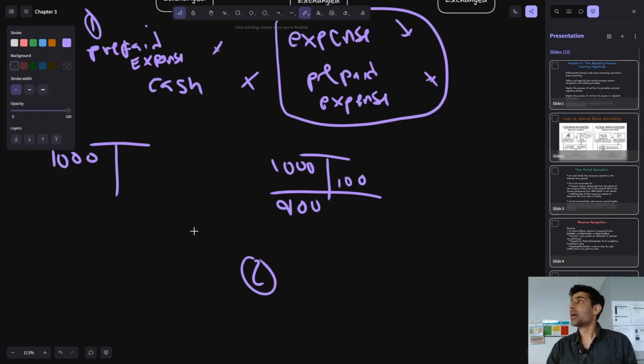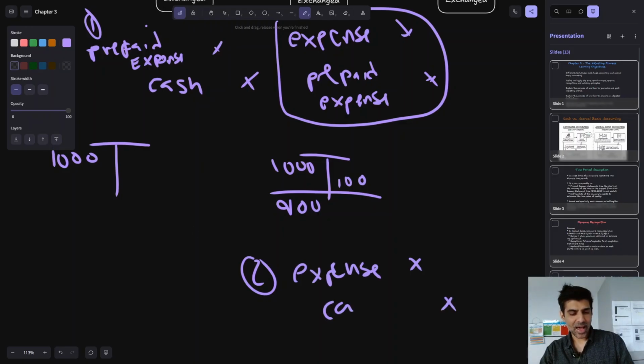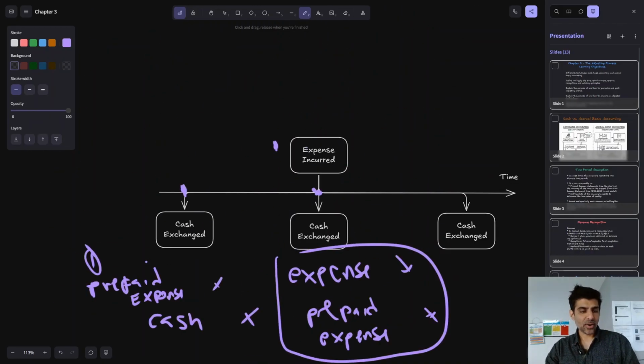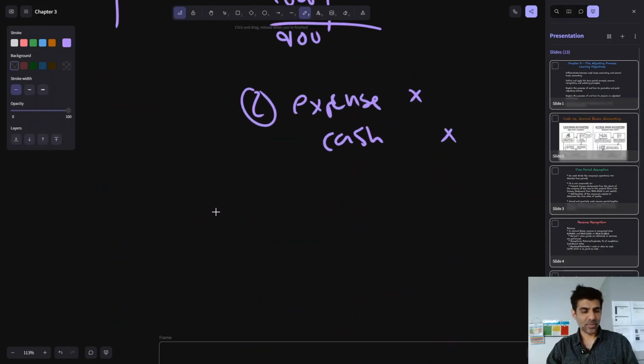Okay, and of course, so this is scenario 1. Scenario 2, if I pay the cash at the same time as the expense, I have the expense and I pay the cash. This one is very straightforward because, again, the expense being incurred and the exchange of cash happened at the same time. Okay? Now, the third one is that I have an expense that I've incurred, but I pay it later. So what happens in that situation? What do I have in this third one? I still am going to expense this.